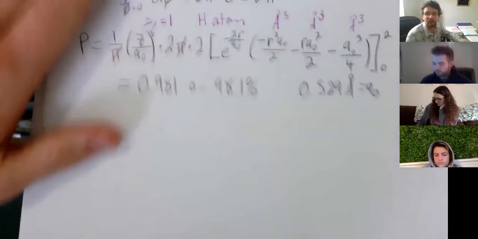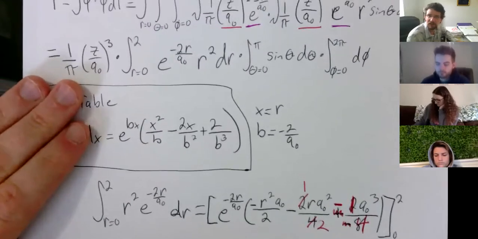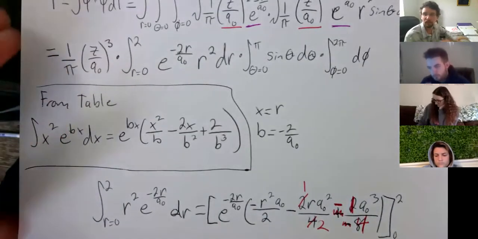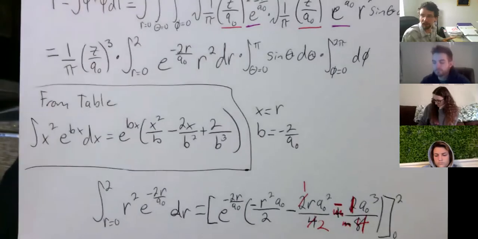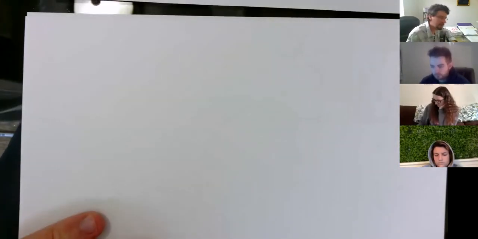Okay, so we can evaluate probabilities like we've just done, but sometimes it's easier to look graphically at a picture and say, this is where the likelihood of the electron is. To discuss that, we need to talk about radial distribution.